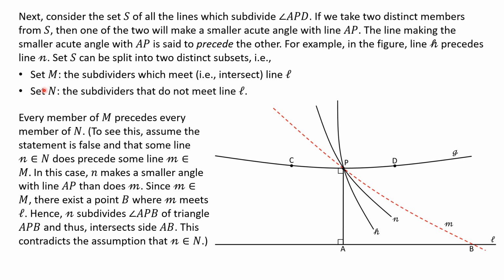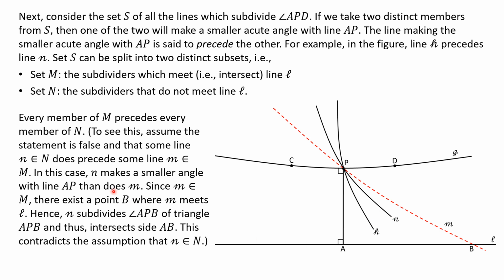The subdividers which meet line L, so the lines that intersect L, and then the subdividers of APD that do not meet L. And we also have this terminology here that a line making a smaller acute angle with AP is said to precede the other line. So for example, H makes a smaller angle here, where I'm pointing, with AP than N. So we would say that H precedes N.